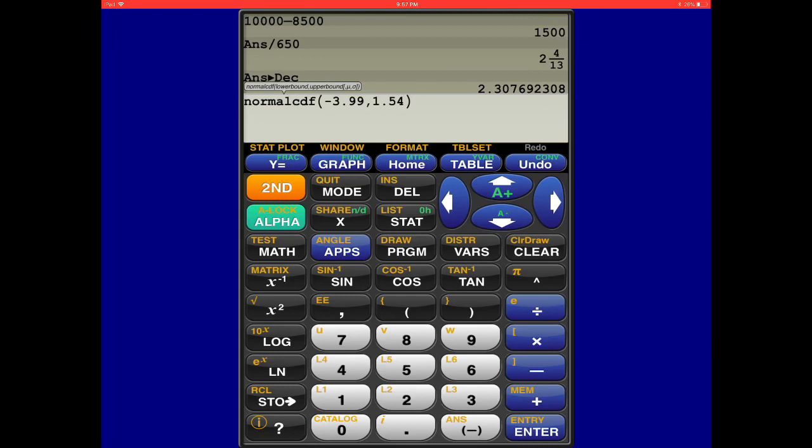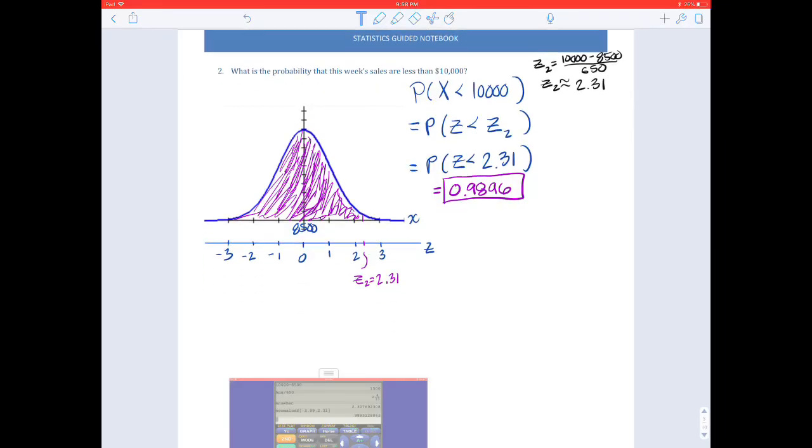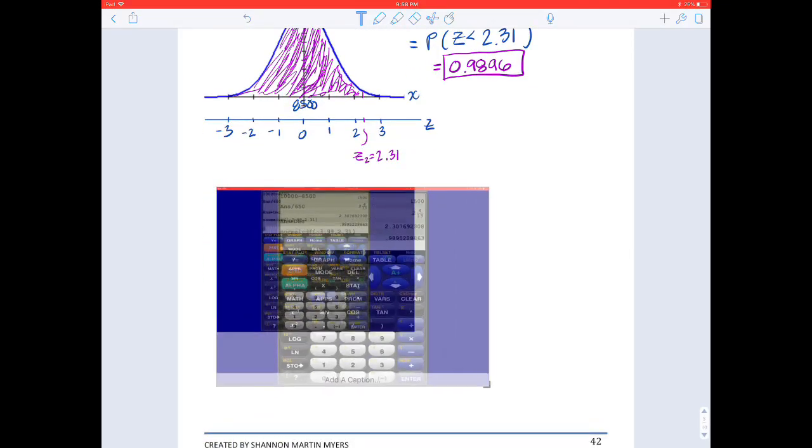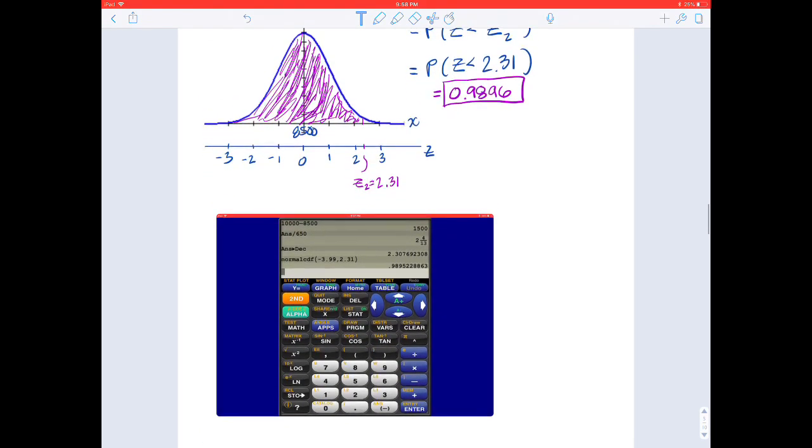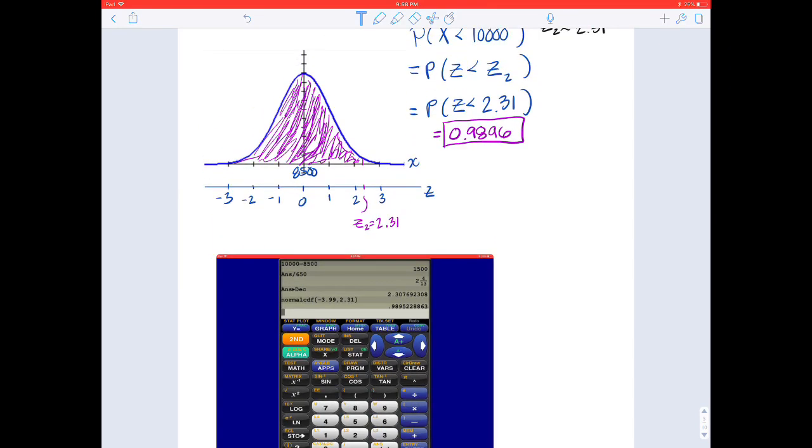And what we want to do is have 2.31 instead. So that's sort of a nice little trick that you can do. And look, we get 0.9895, all right? And here's the end result with the calculator, okay? And again, usually if there's a small difference, it's due to rounding of the z-scores.